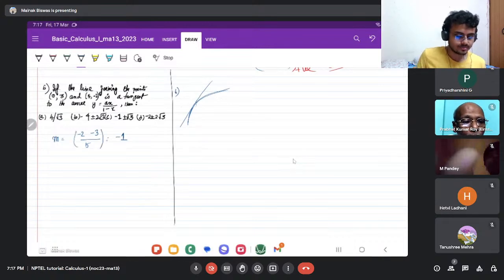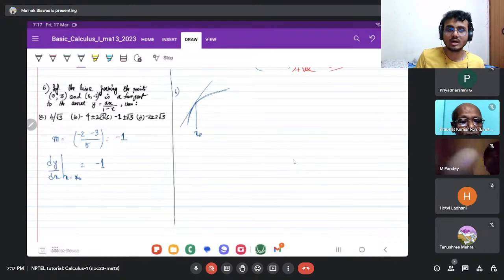This is the slope. So we are trying to say dy/dx at, say, x is equal to x0, where it is tangent. This is the x0 where you are cutting. This will be -1, right? This is one equation.